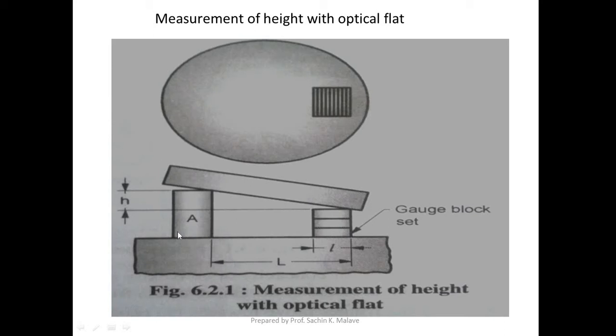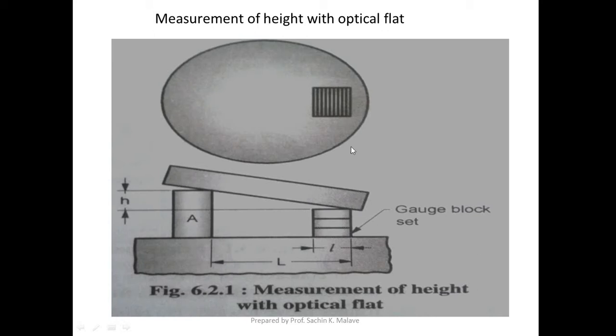So we can easily see that these two air wedges, so here also an air wedge is formed, isn't it? This is the air wedge which is related to this particular component, and this is the air wedge which is related to the gauge block set. And if we see, air wedges are nothing but triangles, isn't it?